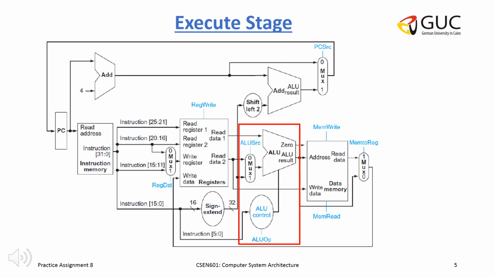We have read data 1, which is the RS in any of the instructions, and a second input, which can either be the second register or the immediate value. And we do here the operations that we want: addition, subtraction, multiplication, load, store, whatever we have.